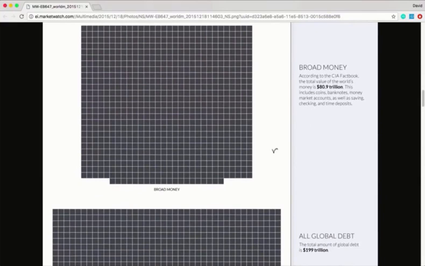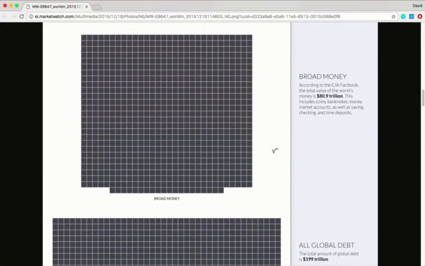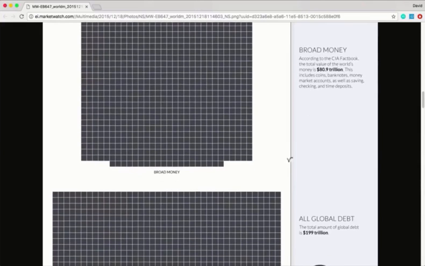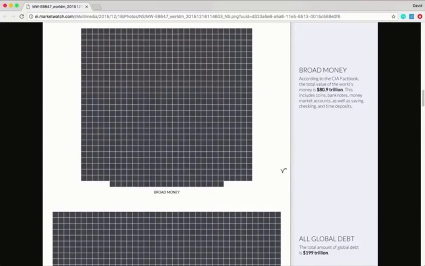Now, this bigger set of boxes is what we call broad money, $80 trillion back in 2013. This is all the narrow money we've already talked about, plus the money that is not so easily accessible. For example, time deposits, fixed deposits, money market accounts, things that you have to, let's say, make an application and wait for 30 days or whatever to get access to, even if it's, in quotes, your money.